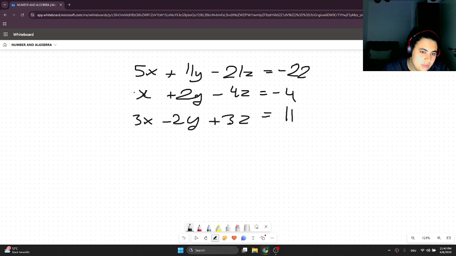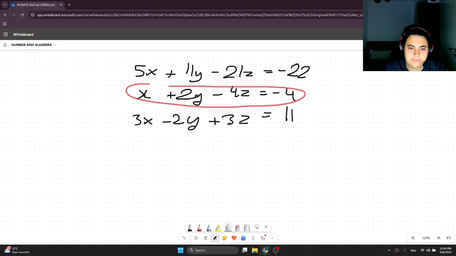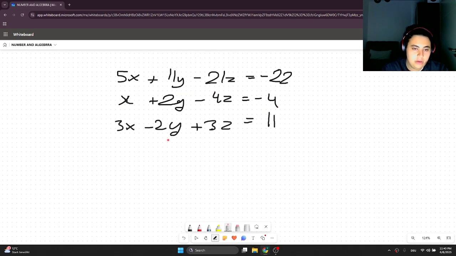Usually it isn't, so I'll look at the other two and see if I can find a coefficient of x which equals 1. In this case, it's in this equation right here. A part of the rules, or what you can do before you start solving a system of simultaneous equations, is that you can switch them around however you'd like. It's completely up to you.